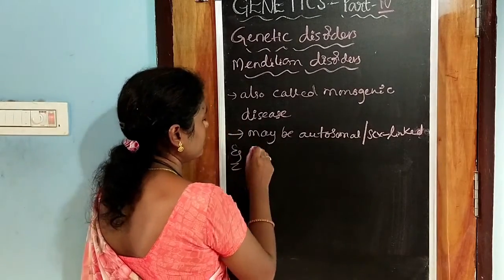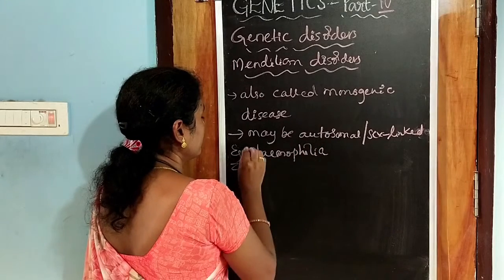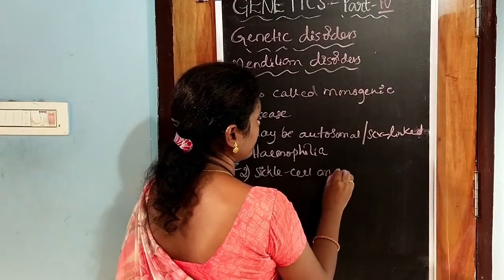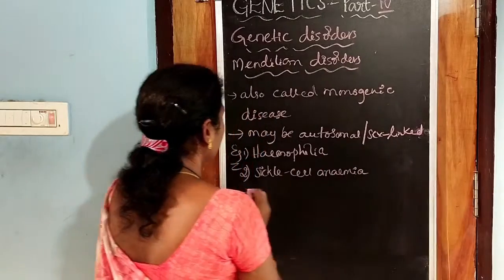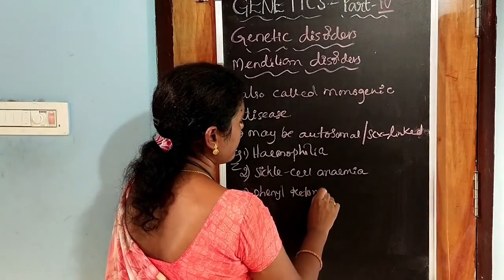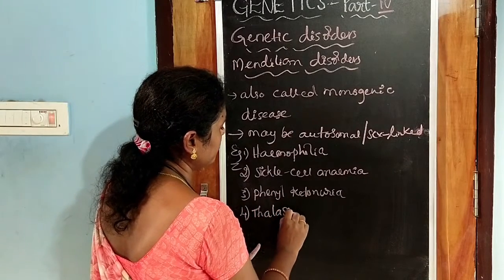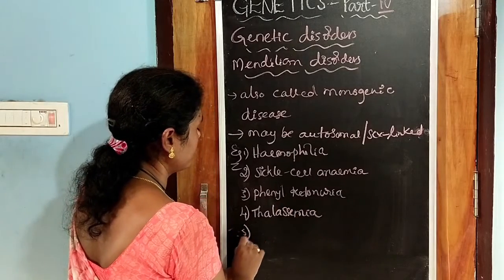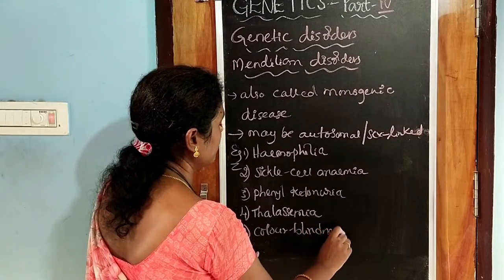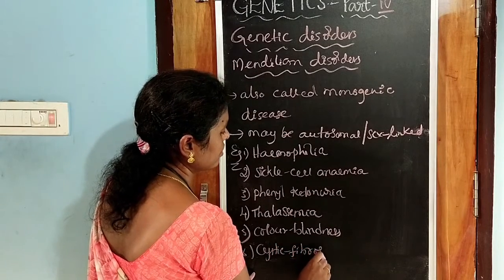Examples of the Mendelian disorders are hemophilia, sickle cell anemia, phenylketonuria, thalassemia, color blindness, and the last one is cystic fibrosis.